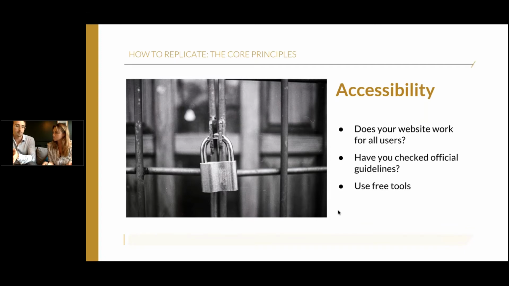Also, and more apparent in the hotel industry, the older generations lose contrast in their eyes. So blacks and whites become more kind of grayscale, which means that if you have colors which are too close in contrast, they honestly just can't read it. So there are a number of contrast checkers online which you should definitely try checking out on your website, especially your primary colors and your secondary colors, and just make sure they all work perfectly fine together.